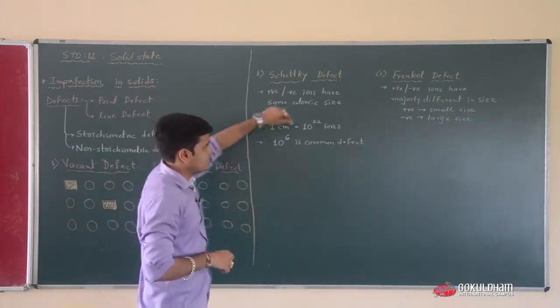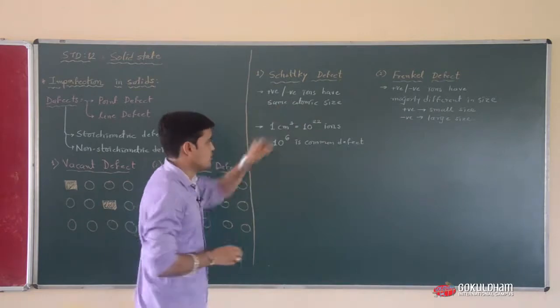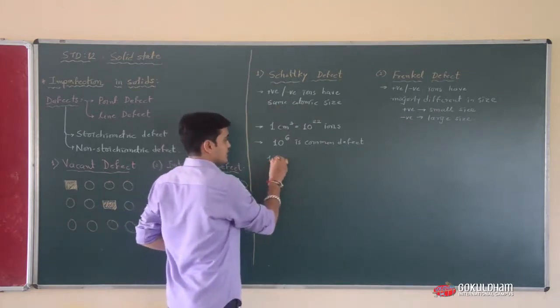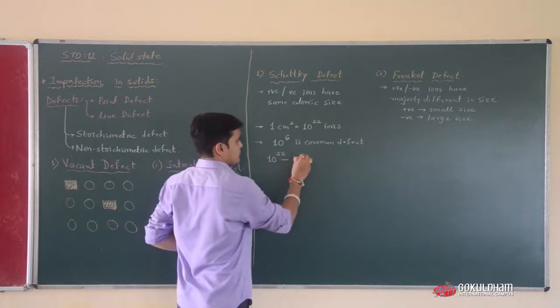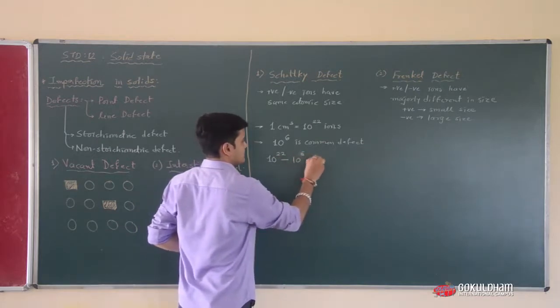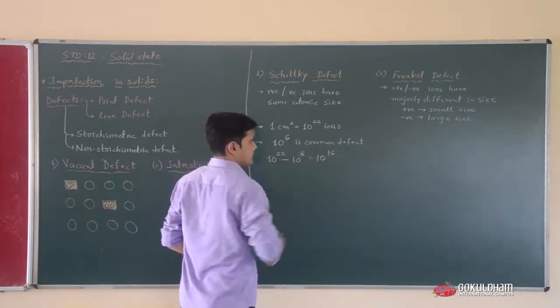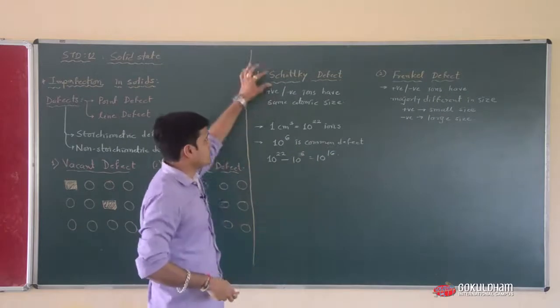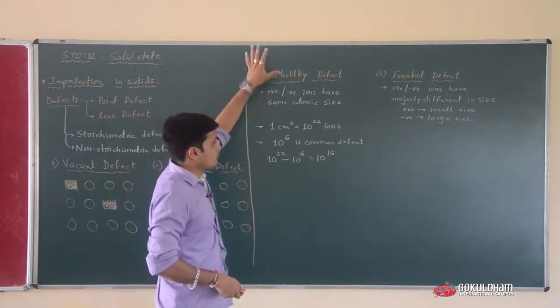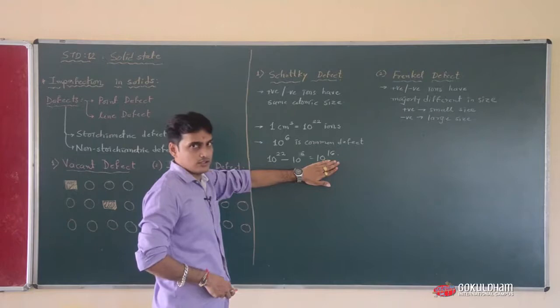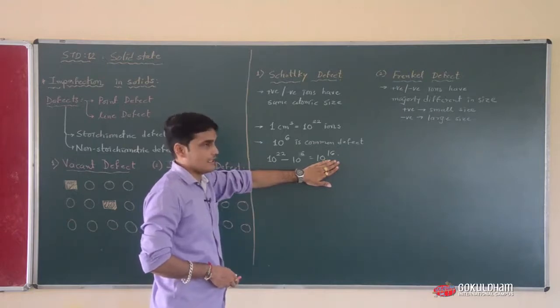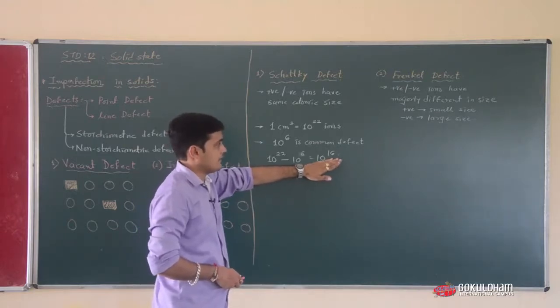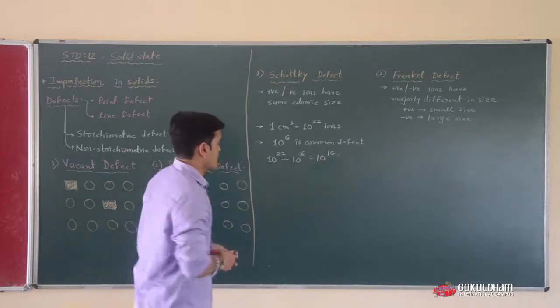So 10 raised to 22 minus 10 raised to 6 is roughly 10 raised to 16. Your one Schottky defect will show after 10 raised to 16 molecules or atoms. This is a very large number.